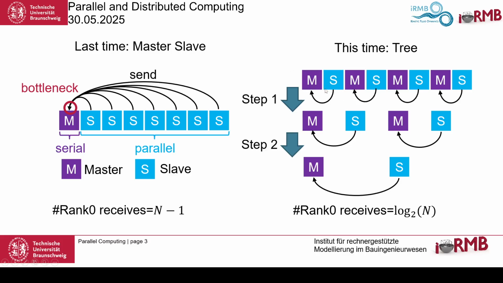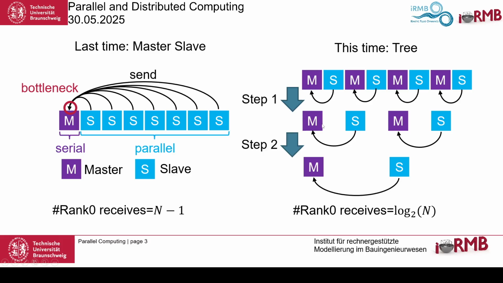So if we have here 1, 2, 3, 4, 5, 6, 7, 8 tasks to do, in this case the master works together with the slave, so the master does one part of the calculation itself, and then the slave is reporting to that master. And then this master knows the result of these two calculations together.